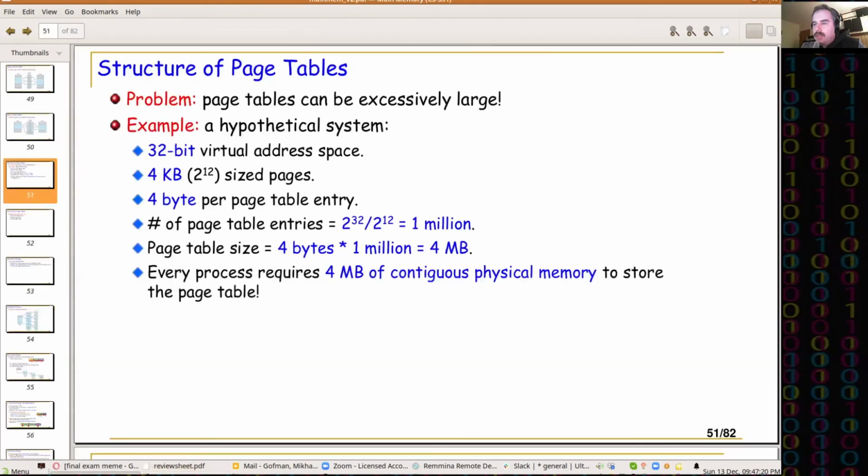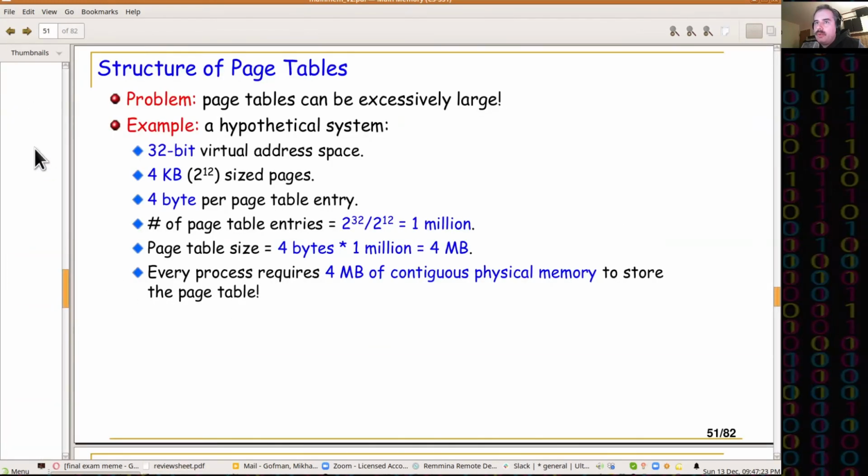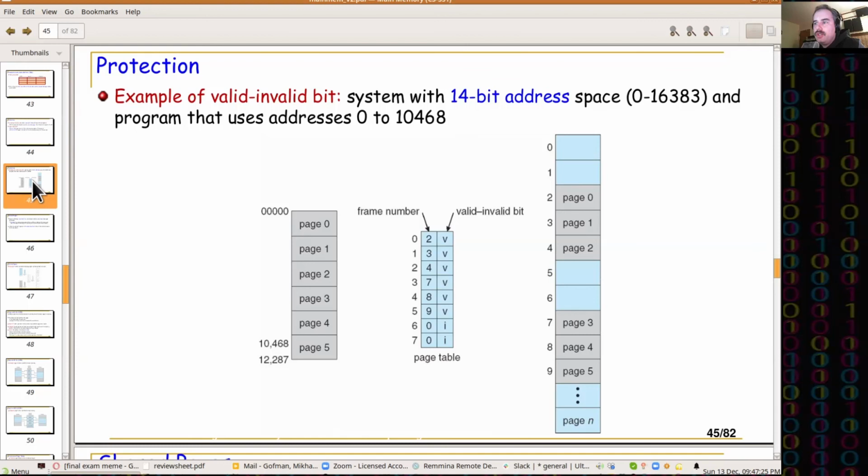In class, we have primarily focused on the traditional page table. In other words, a page table has an entry for every virtual page, and it is indexed by the virtual page number. The index location contains the corresponding physical page.